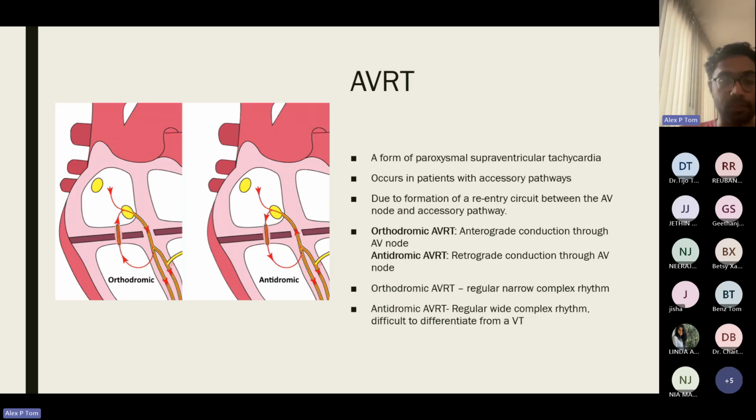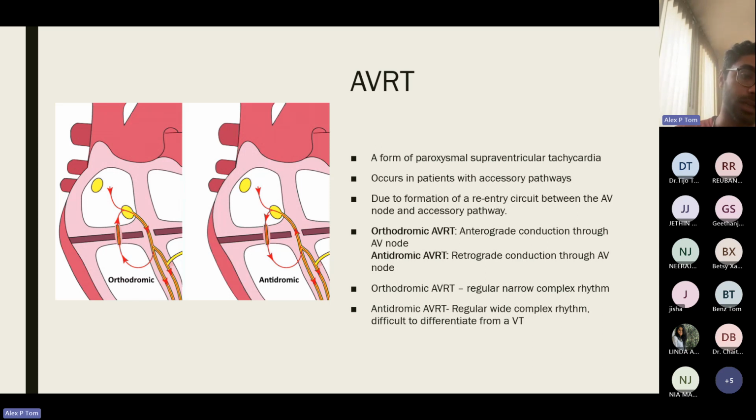From this itself, what you can make out is that when the forward conduction is through the normal conduction pathway, the QRS complexes would look narrow because the conduction is happening very fast. But in the antidromic one, the impulses enter the ventricle through an abnormal conduction pathway.